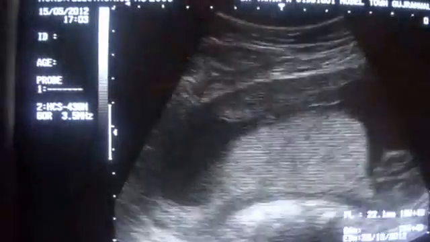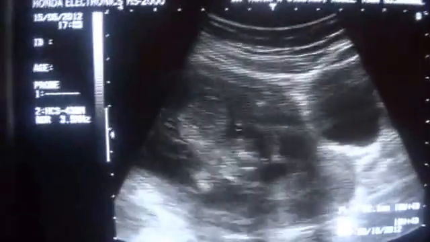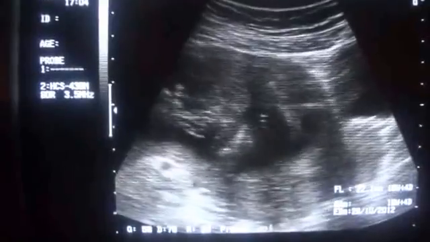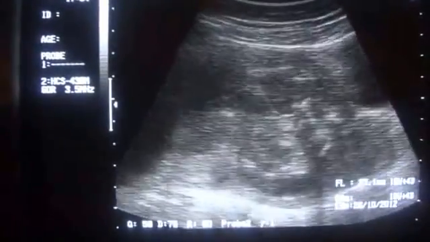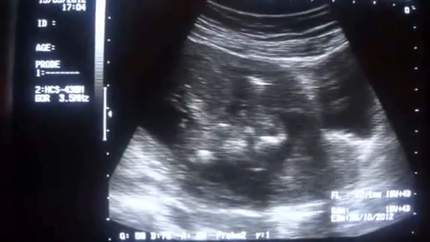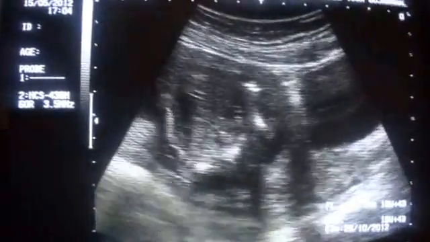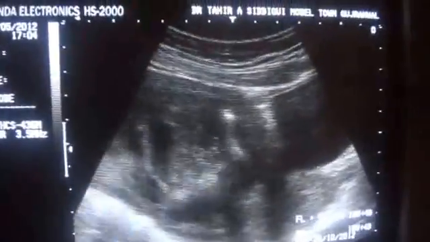This is the placenta, which is posterior wall, and it's not previa or low lying, it's quite away from the os. Now we are seeing the cervix.